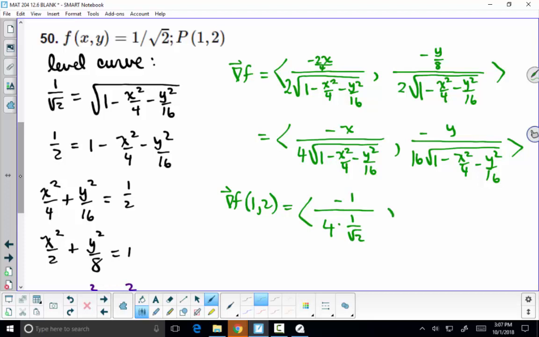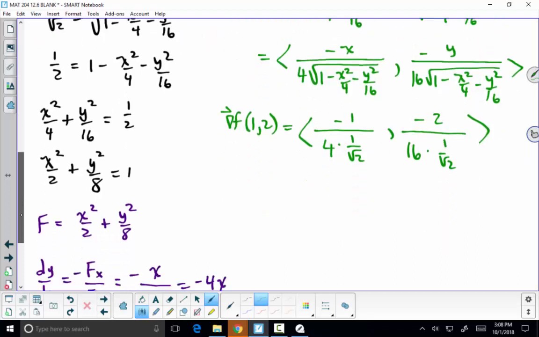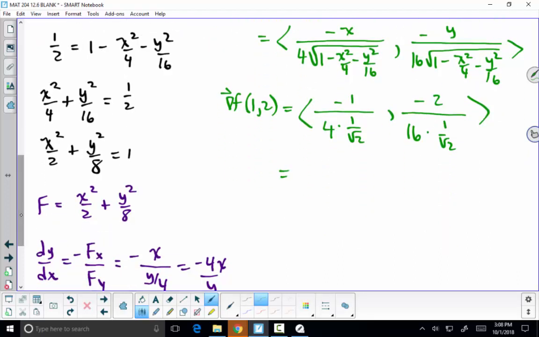Over here, minus y means minus 2, and we should have 16 times. Again, if we plug it in there, we have minus a quarter, so it's 1 minus a half, which is a half, so we have 1 over root 2. So our gradient at (1, 2) is going to be negative root 2 over 4, comma, negative root 2 over 8.